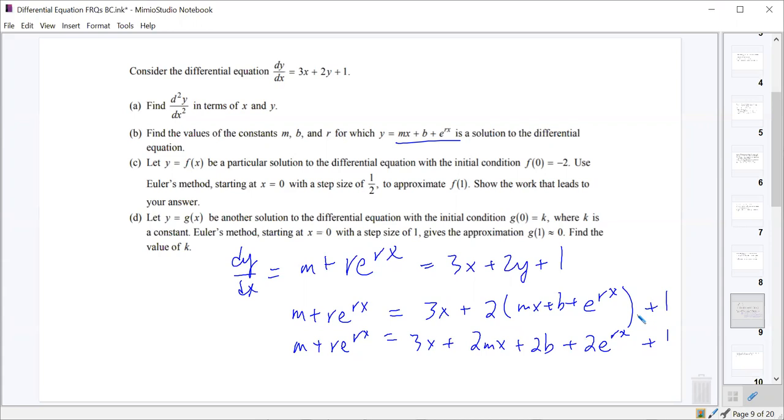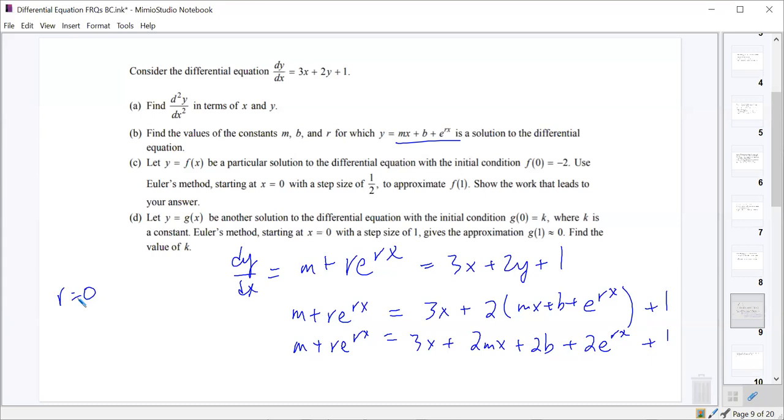The one thing that we probably want to note here is that if r were to be equal to 0, we'd be losing this r e to the rx term, and this term over here that has an e to the rx would just become e to the 0, so that would just go away and we'd just be left with constants. So we have to take into account what happens when r equals 0 to start with.